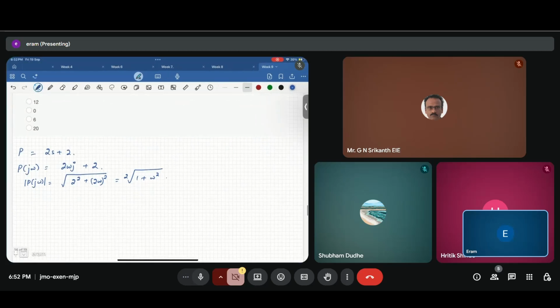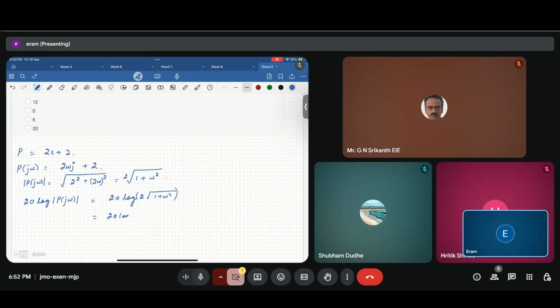And then in dB it will be equal to 20 log of P(j omega), which is equal to 20 log of 2 into under root 1 plus omega square. So it is 20 log 2 plus 20 log of under root 1 plus omega square.